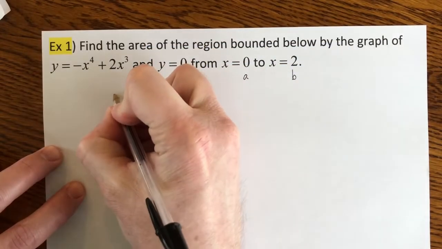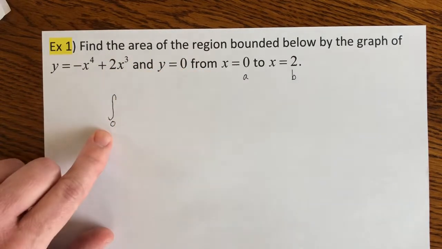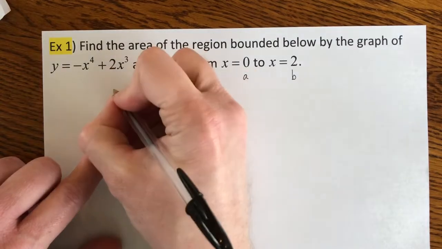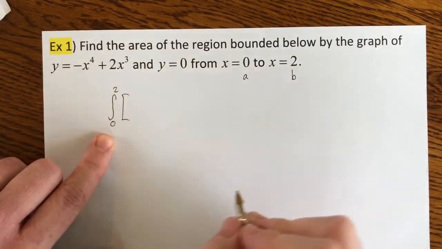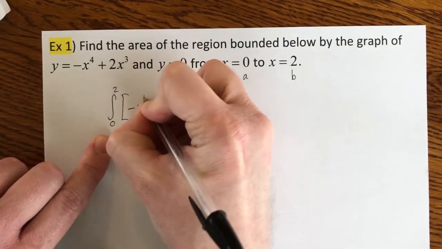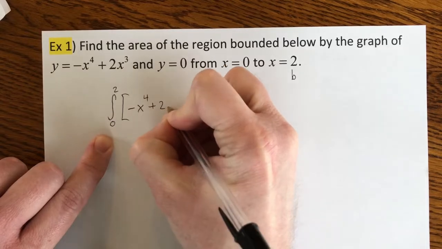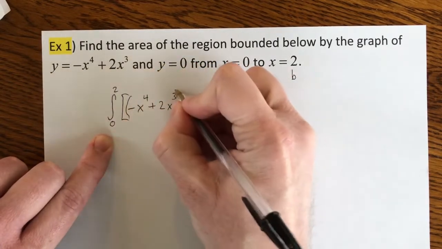We would write down the definite integral, looking at the lower limit of 0 to the upper limit of 2 of what? F of x has to go first. That's going to be the function that is greater than some other function. All right, so this is our f of x.